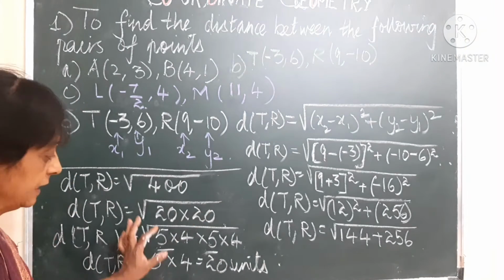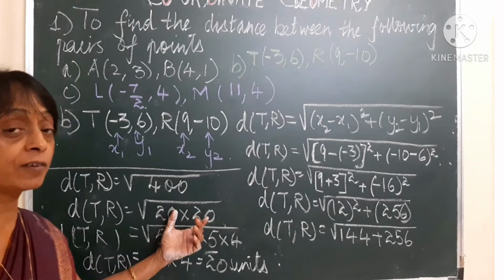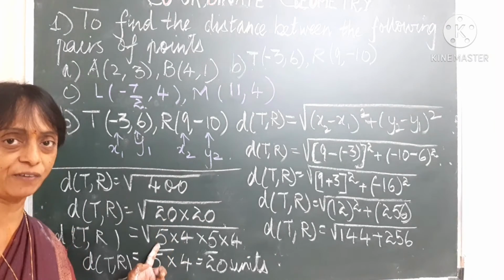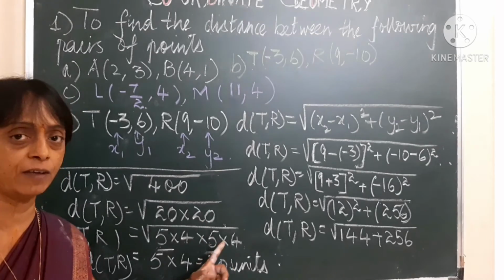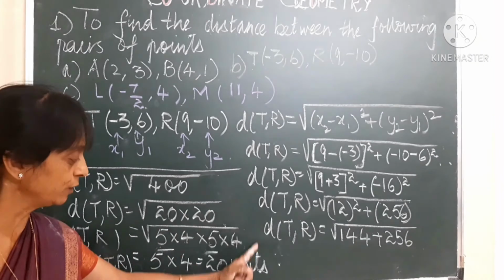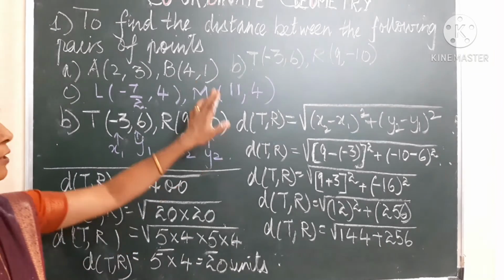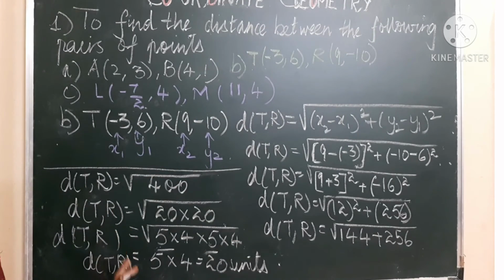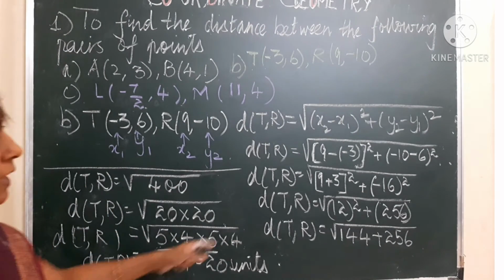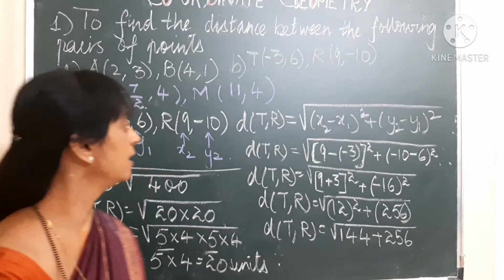So children, in the last two steps, instead of further splitting 20 as 5 into 4, again 5 into 4, we could have directly written the square root of 20 into 20, which is only 20 units. So distance TR, the answer is 20 units. What did we use? We just used the distance formula.